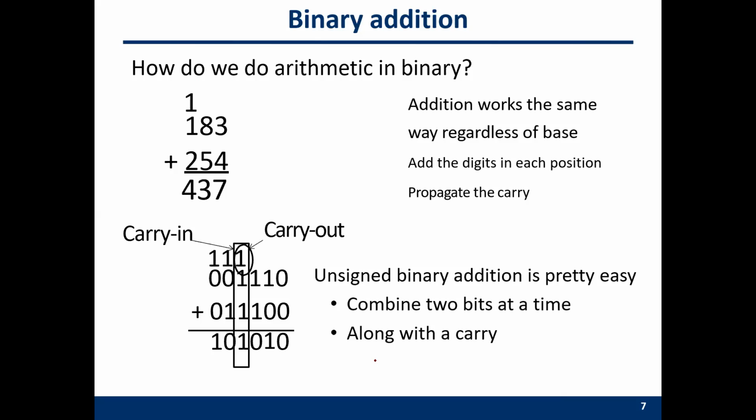How can we do the arithmetic operation in binary? Basically, the addition works the same no matter what base you try to add. For example, this is a base 10 number, 183 and 254.